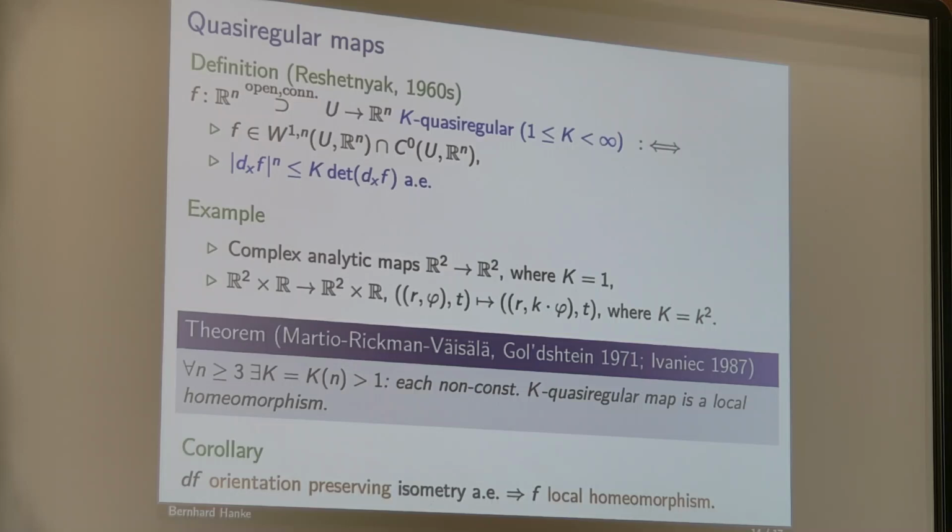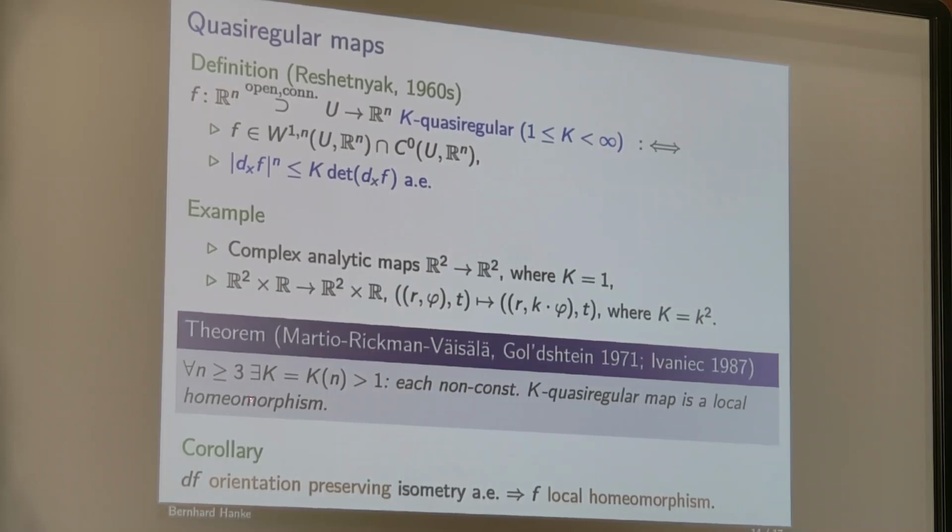Whenever you have a k quasi-regular map such that k is smaller or equal to this k_n, then it must be a local homeomorphism. So branch points cannot exist. So think of this k as a number which is a little bit above 1, and once you have a k quasi-regular map with this conformality factor or below, then this map must be unbranched. It is a local homeomorphism.